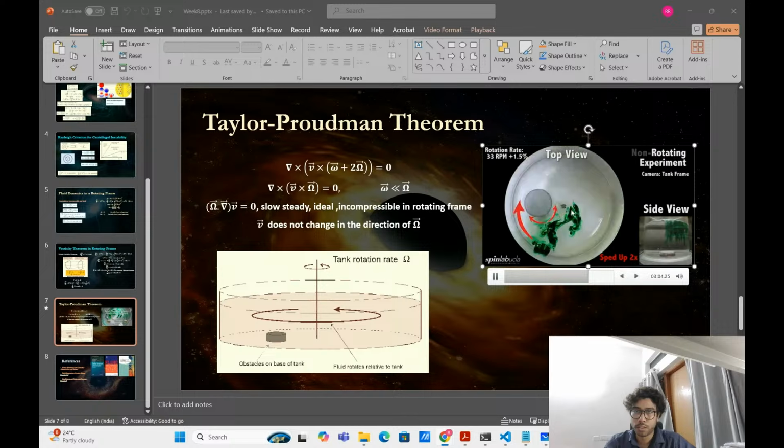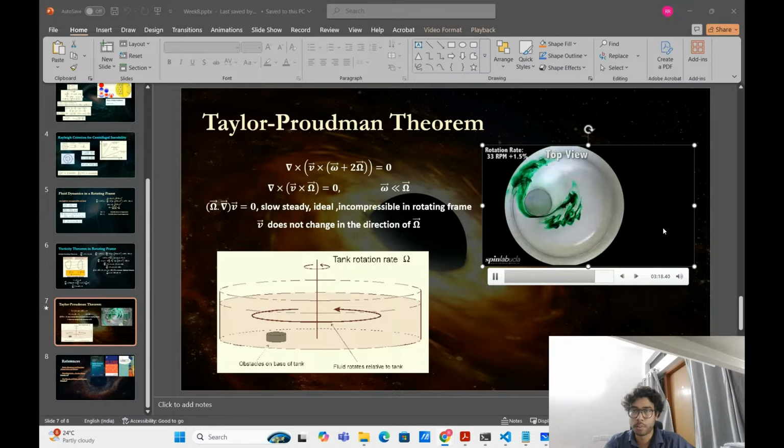Now you see that around this obstacle the fluid is passing around the obstacle, but the obstacle is present at the bottom. What is causing the fluid at the top or at some height to go around it, right?